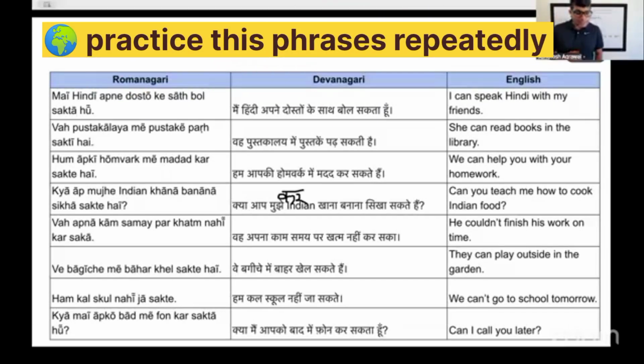If you practice these phrases repeatedly, you have a list of sentences which you are regularly practicing, and you're practicing it in such a way that it starts coming seamlessly. So I want you to at least read these phrases as part of your regular routine and get comfortable with it.